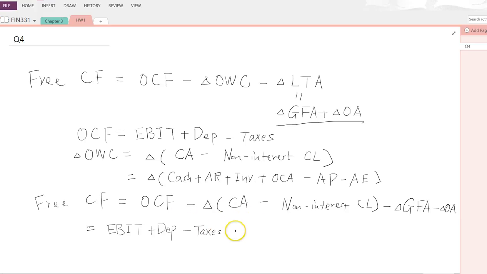So plugging everything in, this is going to be minus the change of cash plus accounts receivable plus inventory plus other current assets such as prepaid expense minus accounts payable minus accrued expenses.